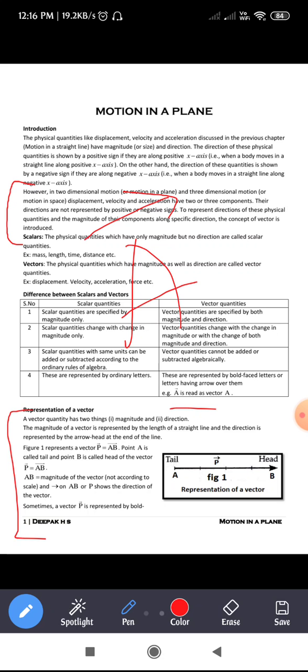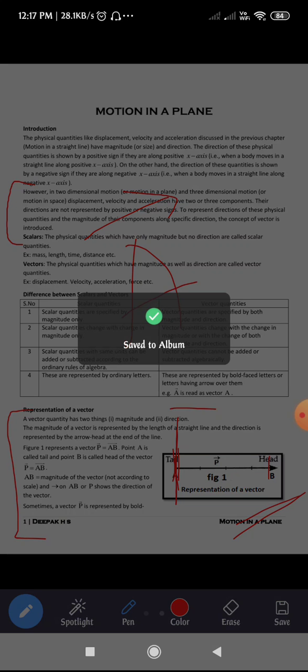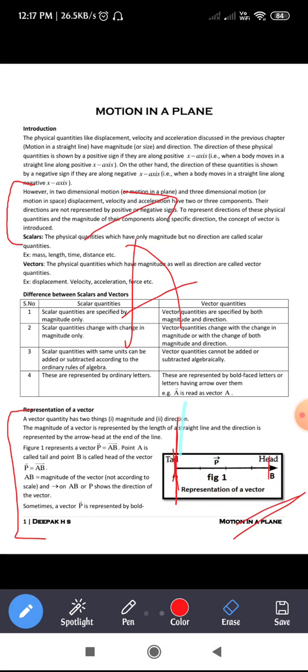In the given figure, the arrow mark denotes the direction and we call that the head. The length of the line from here to here represents the magnitude. And end A is called the tail, whereas end B is called the head. This is how we represent the vector.